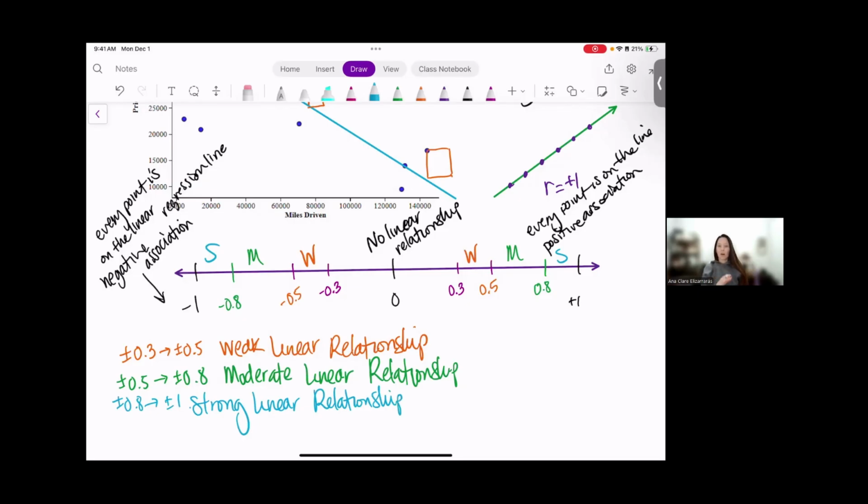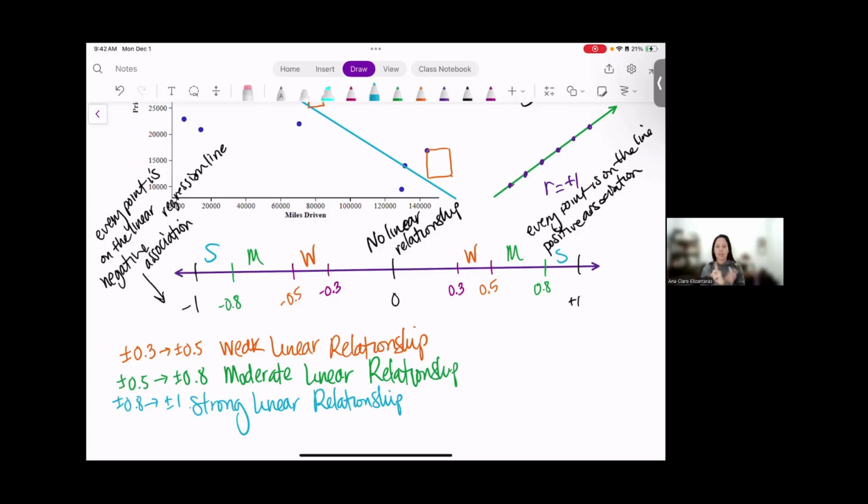So notice that R is between -1 to 1 inclusive, meaning it can be -1 and it can be 1, but only those values. Positives have a positive relationship, negatives have a negative relationship. But R does not have units. R is not about miles per hour, things like that. It is the strength of a linear relationship, and it is unit free.